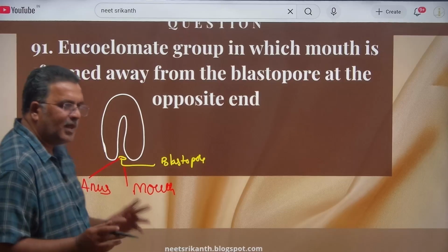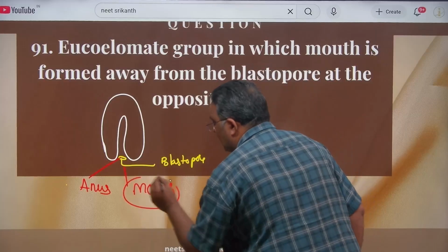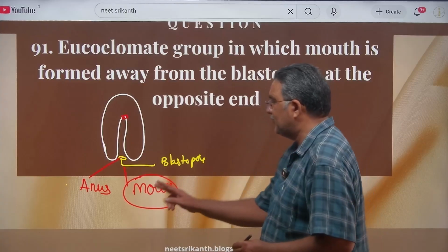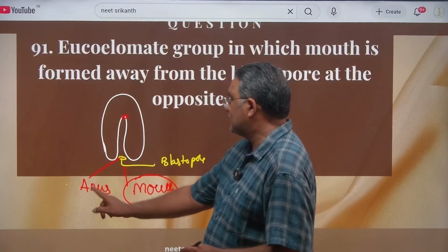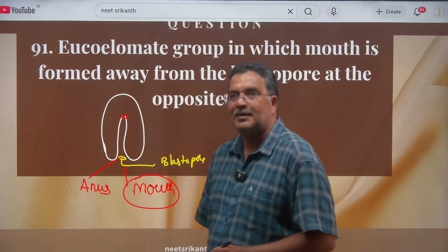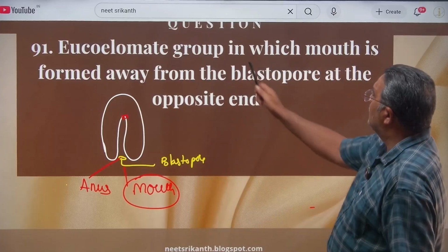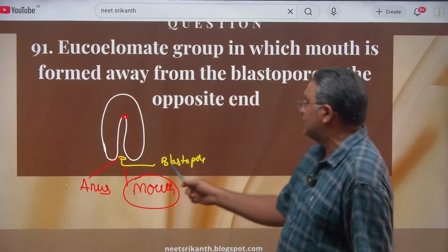The same question asked in a different dimension. If here it is mouth, the opposite end will be anus, isn't it? So in protostomia, first formed is mouth, next formed is anus. In deuterostomia, first formed is anus, next formed is mouth. So what is the question here? Eucoelomate group in which mouth is formed away from the blastopore.